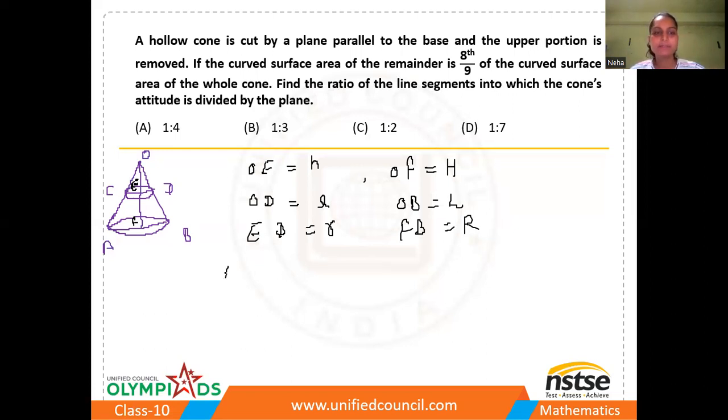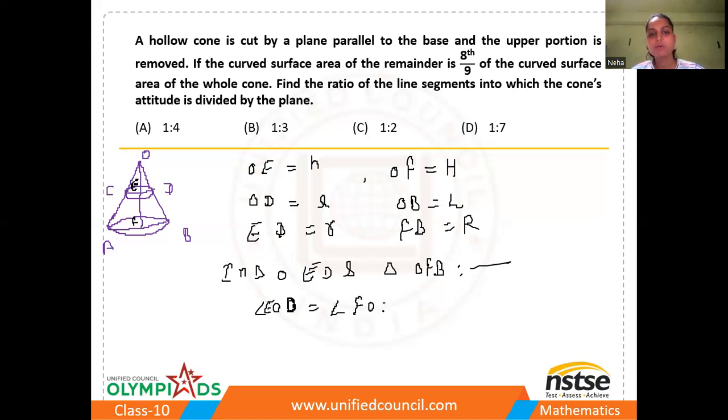So in triangle OED and triangle OFD, angle EOD is equal to angle FOB, because these two angles are common in both the triangles.